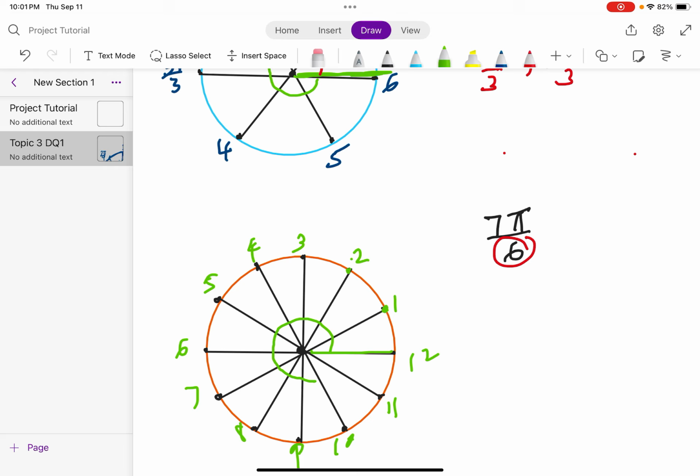Oh, sorry, it's 7 pi over 6, not 11 pi. So you only stop at 7. 1, 2, 3, 4, 5, 6, 7. That is the arrow I draw. You see the amount of rotation. We're landing on this 7 pi over 6.